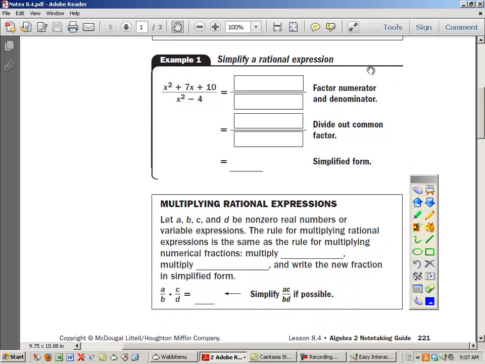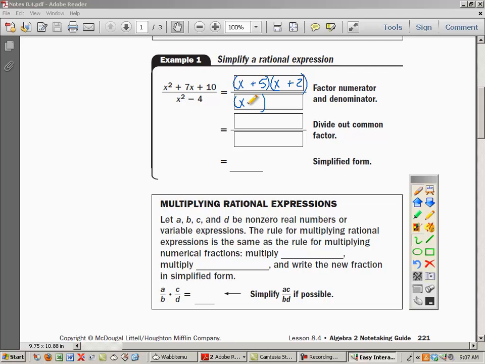Let's look at example number 1. It says simplify a rational expression. We want to factor x squared plus 7x plus 10, which factors into x and x, and two numbers that multiply to 10 that add to 7 are 5 and 2, so this is x plus 5 and x plus 2. Because the denominator is the difference of squares pattern, this is x plus 2 and x minus 2.